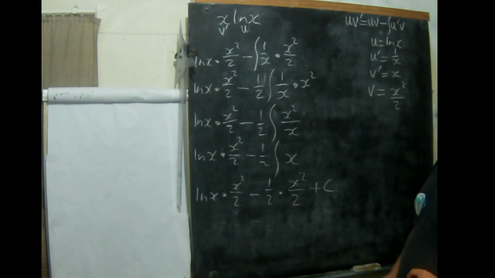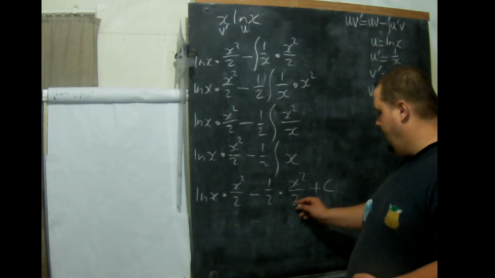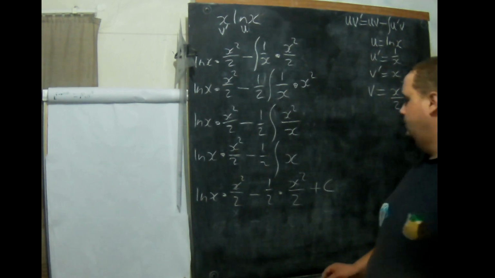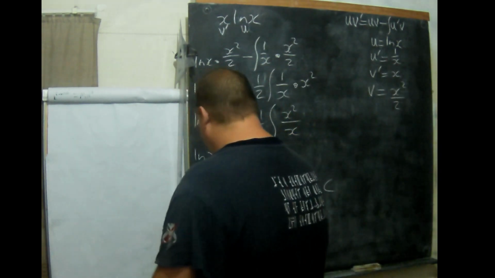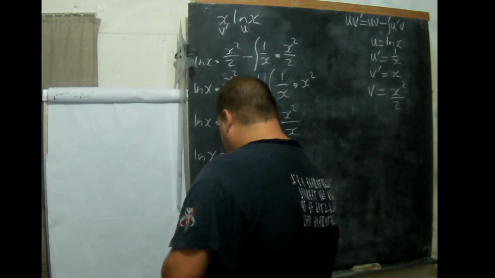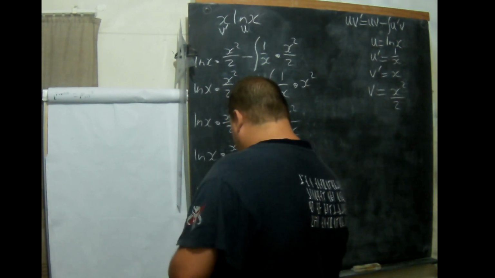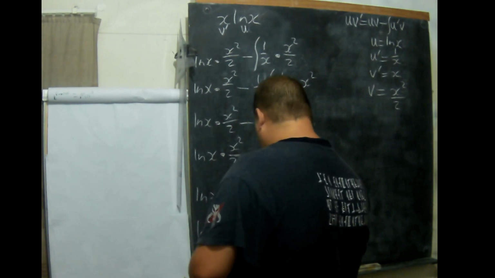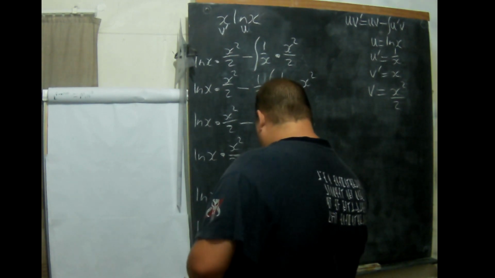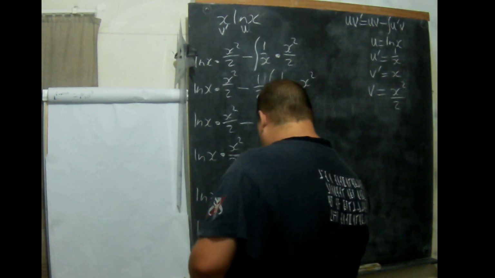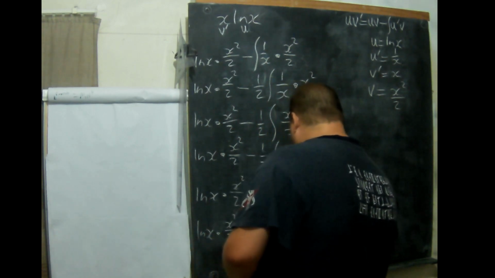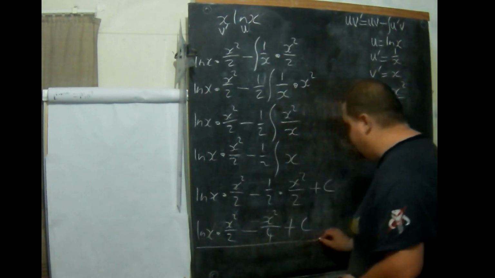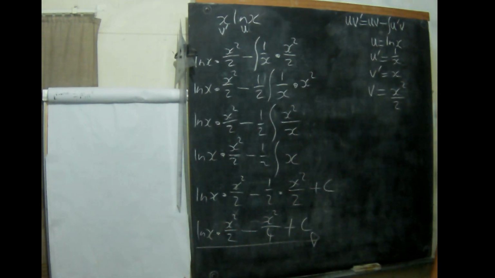Now we can multiply our 2 times 2, which will give us a quarter. So what we have left is ln x times x squared over 2 minus x squared over 4 plus c. And that is our final answer.